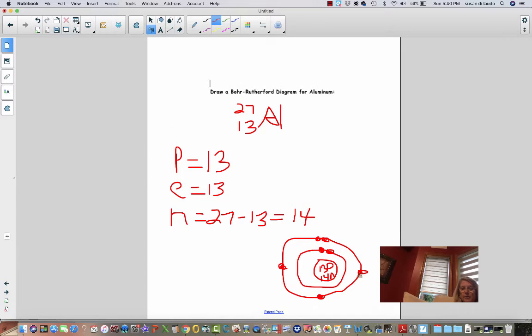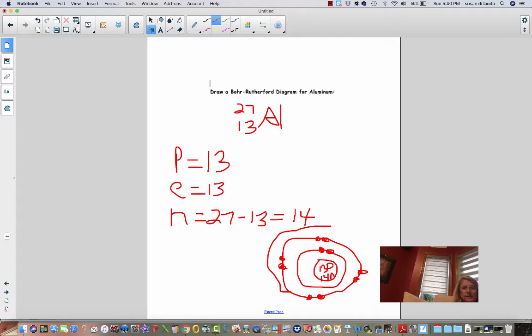There's a partner, there's a partner, there's a partner, and there's a partner. So how many do I have in total now? I have 8 and 2 is 10, but I need to fit 13. So I've got to go into a third energy level.